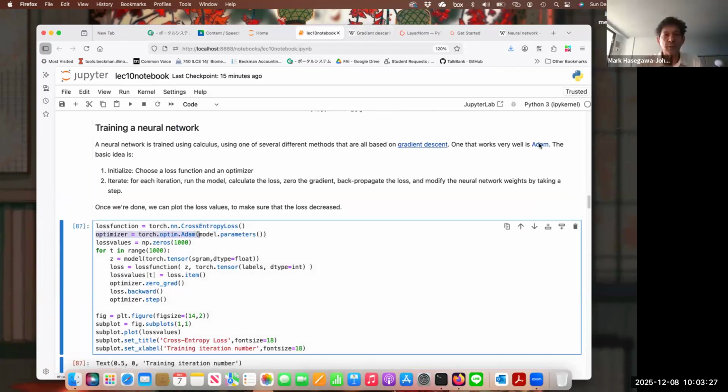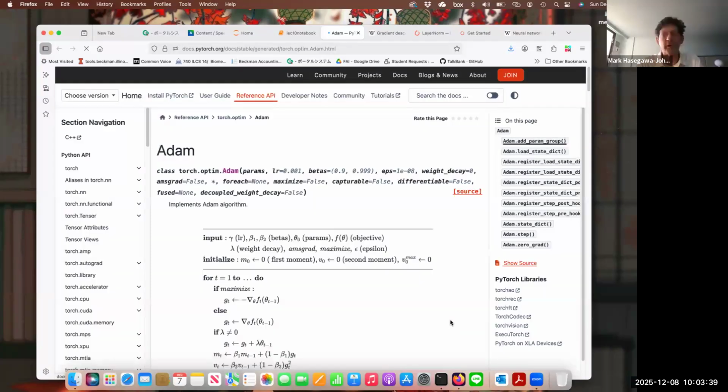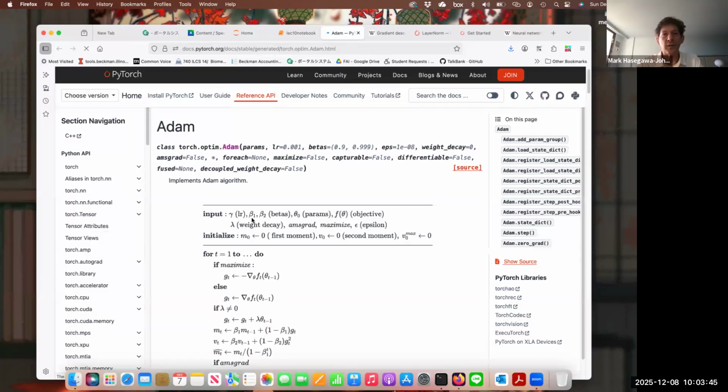You can look up Adam in PyTorch here. We see that the Adam optimizer has a lot of complicated details. It involves the learning rate gamma, two adaptation parameters, beta 1 and beta 2.